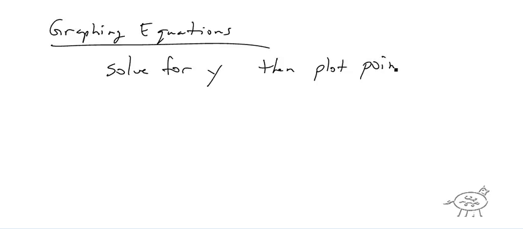But right now, for the most part, we're going to solve for y, then plot points. That's what I'm looking for. You're going to be able to graph the equation, but you have to be able to plot points.